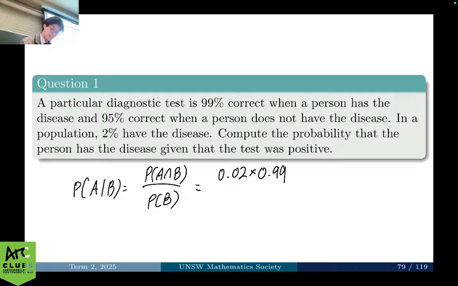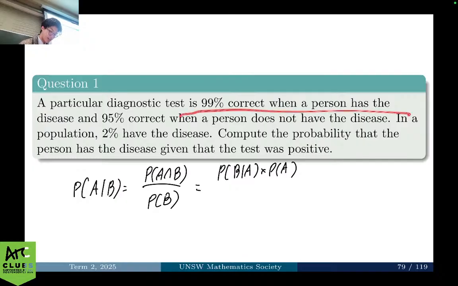So this is the probability that the person has the disease, and this is the probability that the test is correct when the person has the disease, given as 99% here. And this is the probability that they actually have the disease in the first place. You can also express this as P of B given A times P of A, which is just Bayes' theorem as well.